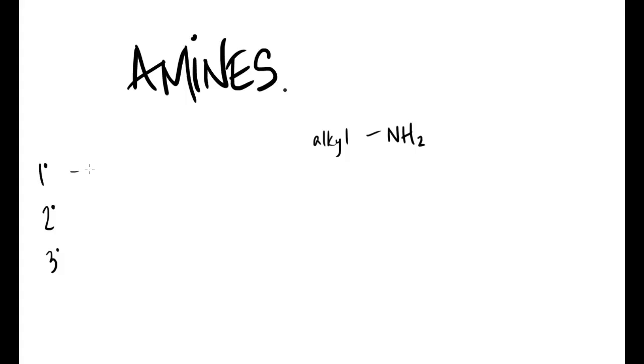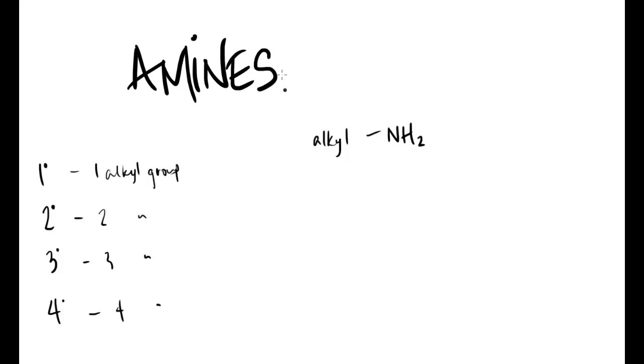So primary, one alkyl group. If you don't know this shorthand, primary 1 degree, 2 degree, 3 degree. Secondary, 2 alkyl groups. Tertiary, 3 alkyl groups, and obviously you can guess quaternary would be 4, but I'll look more at that and how that can happen in a bit.